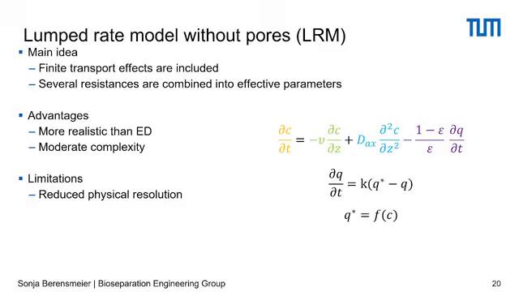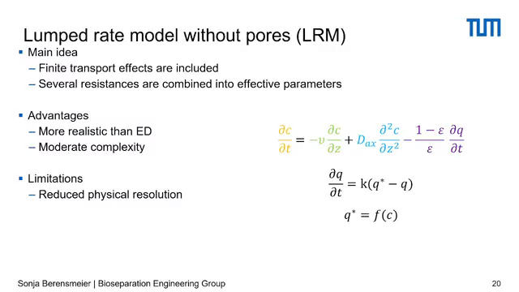Next, if we want to make it a little bit more complicated, a little bit more detailed, we have the lumped rate model without pores. The name is already giving away what the main assumption is in this model, namely that we are not looking at pores.